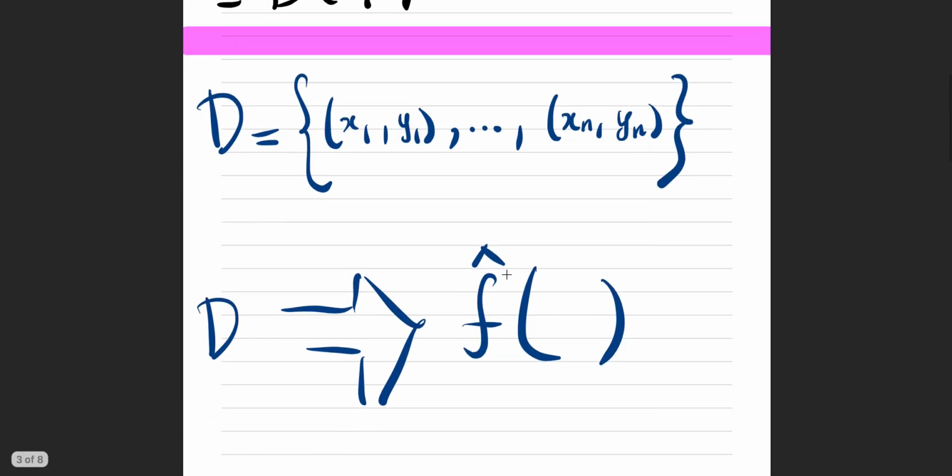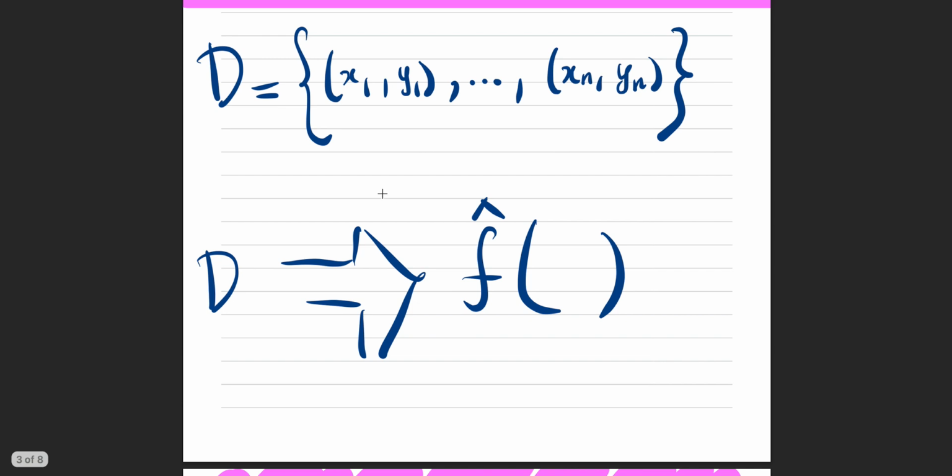So at the high level, we have this data D, which is a set of pairs of observations: first car horsepower, first car mileage per gallon, etc., to the last car. So this is our data, and we want to do something to this data and learn this f.